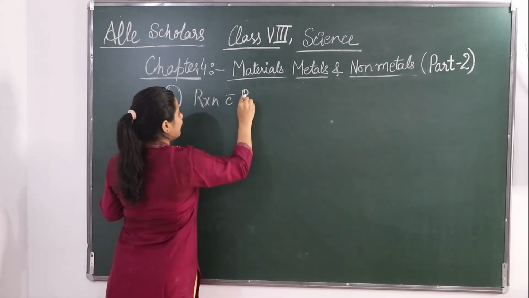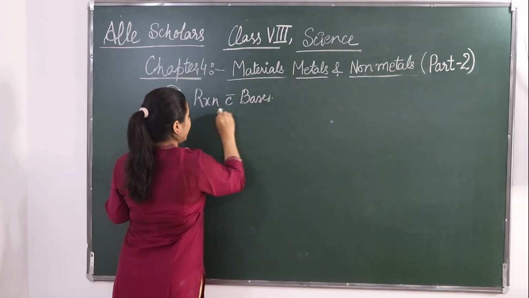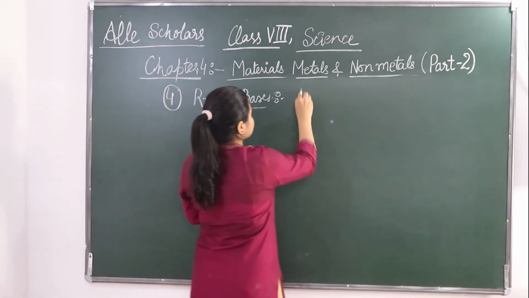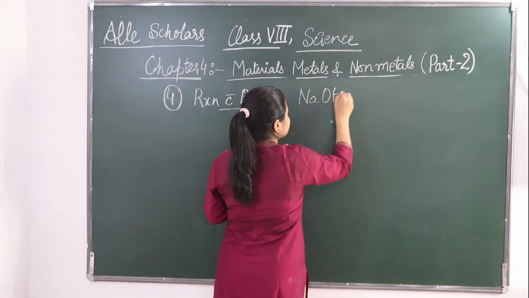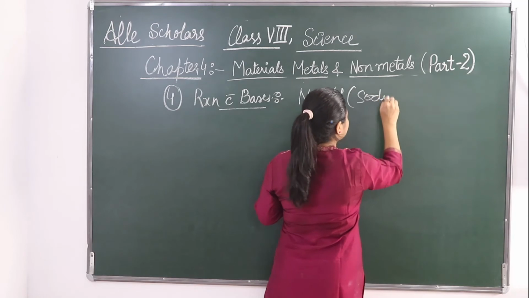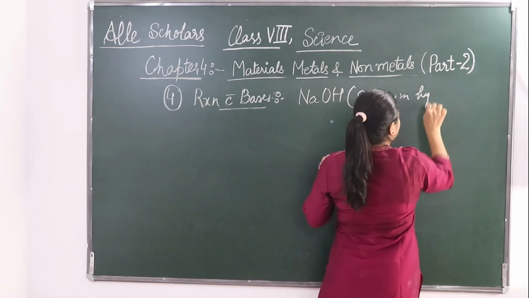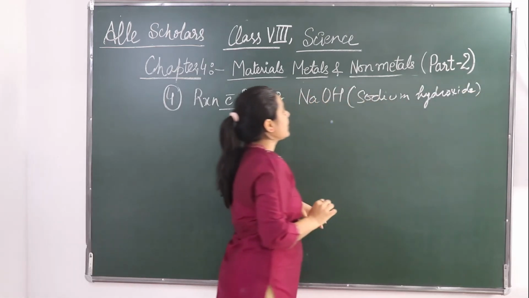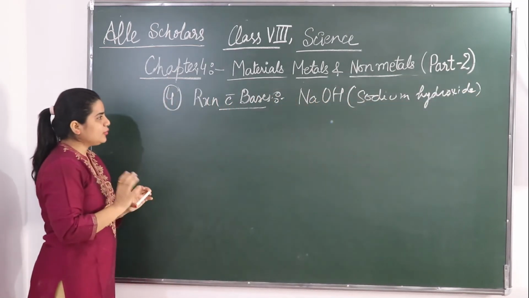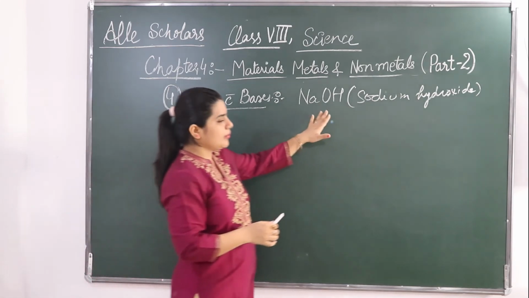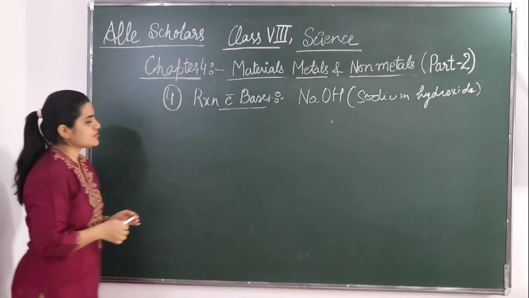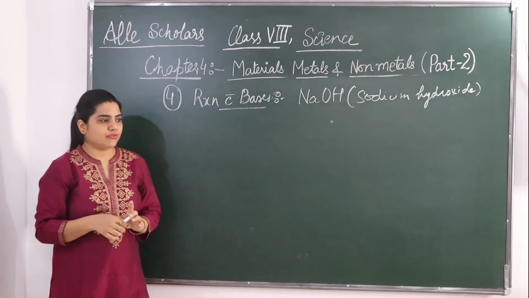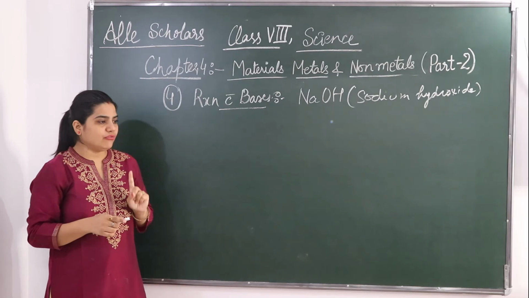reaction with bases. For the base we are going to take sodium hydroxide, that is NaOH. What we have to do is prepare fresh sodium hydroxide, NaOH, in a test tube by dissolving 3 to 4 pellets of it in 5 ml of water.